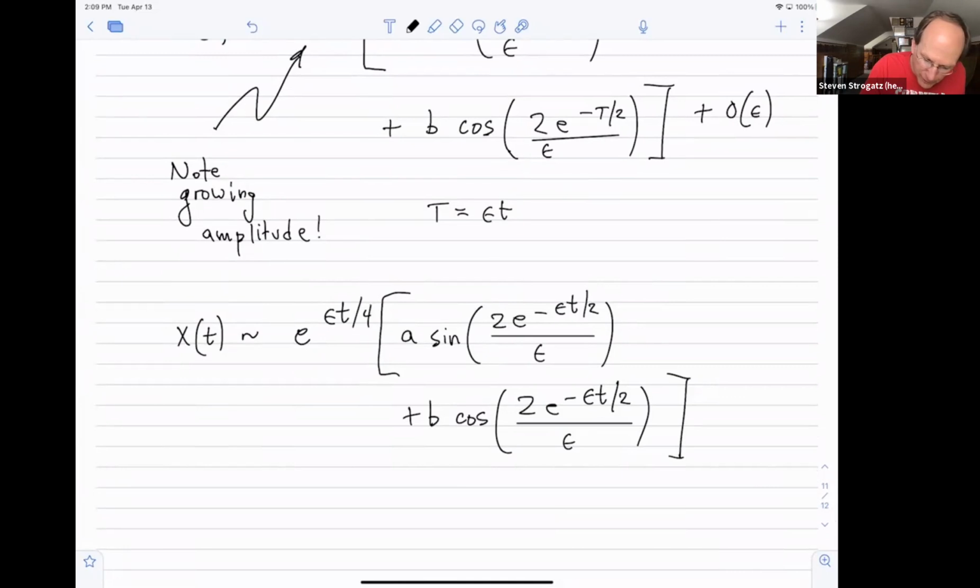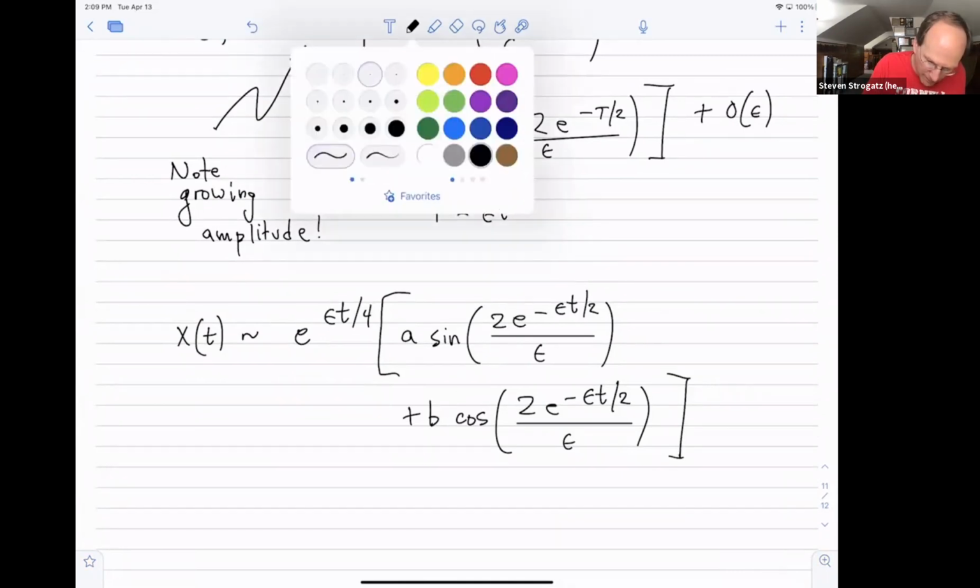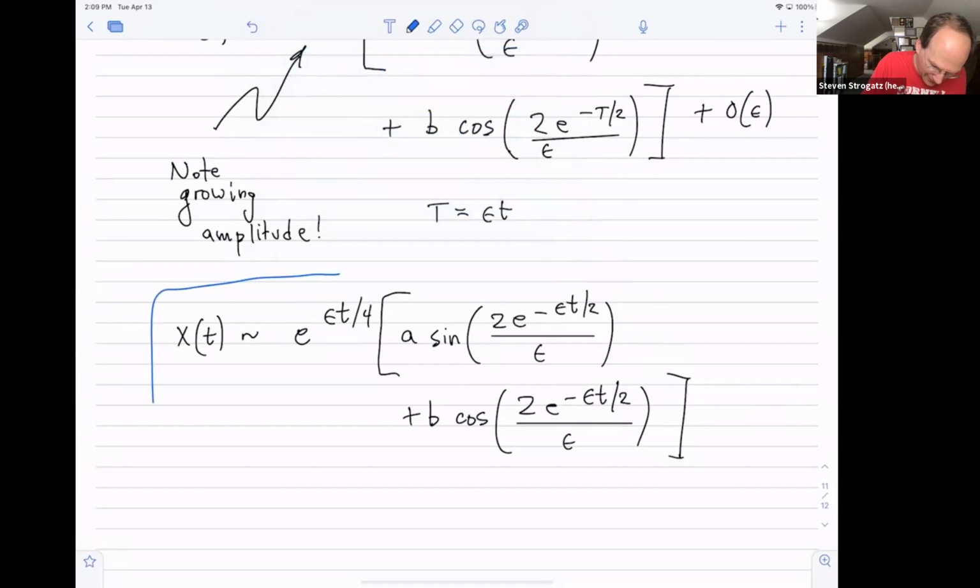Okay, so that deserves to be circled or put in a box where we can stare at it.